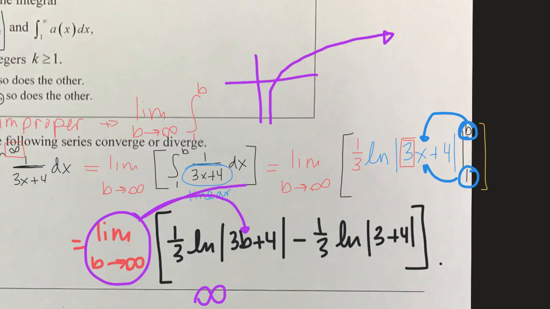And what about the limit of a constant, right? This is a constant. The natural log of 7, that's a number. Divided by 3, that's another number. So what's the limit of a number? 0, because it doesn't have a slope, right? It's a horizontal line. It does not have itself a slope.